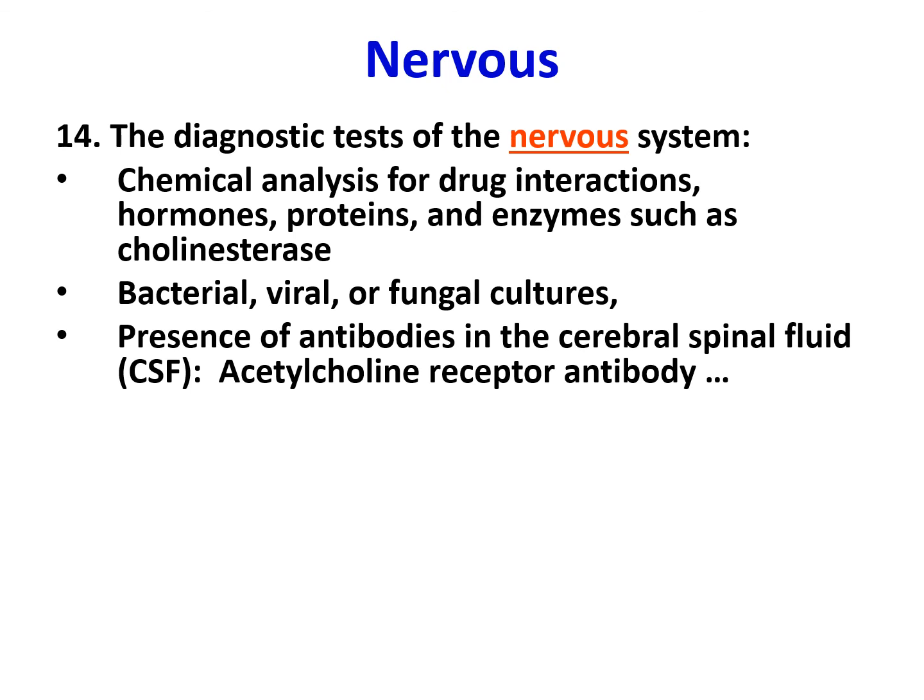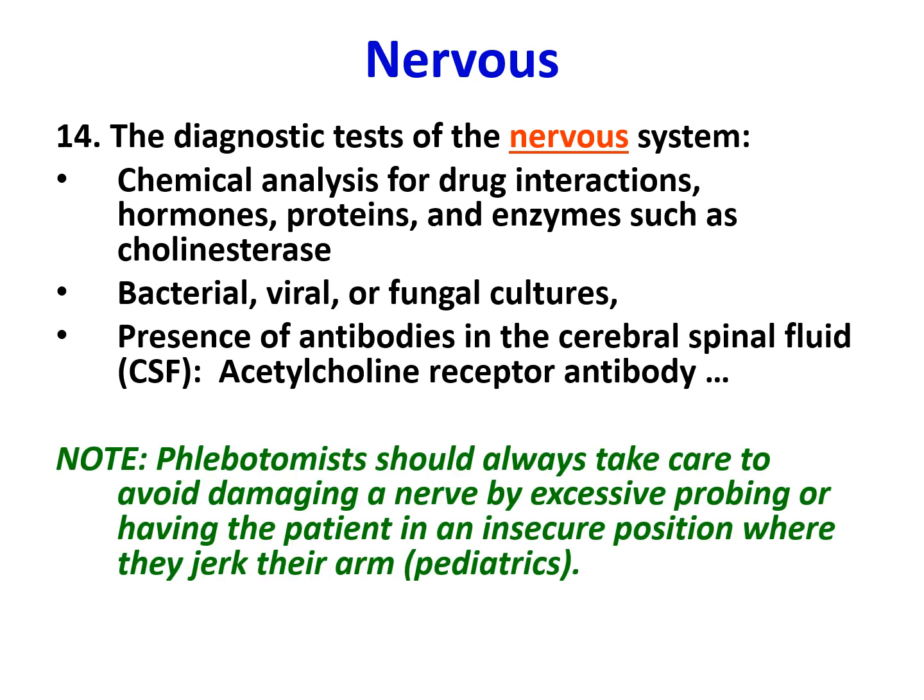Okay, maybe you're not building a certain protein correctly. You're missing something needed to build that protein, and without that protein, it's causing problems in your nervous system. Okay, and then of course, dealing with bacteria, viruses, and fungus can always cause issues. And then we look for antibodies inside that cerebral spinal fluid that will give us a key to things that are going on inside that nervous system.